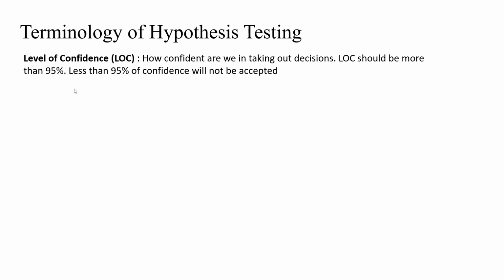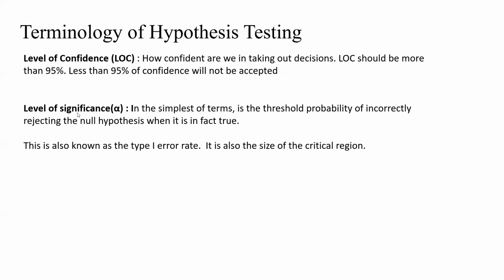It can go higher, such as a level of confidence of 99%, or if it is even more severe and you have to be more serious, you can go for 99.99%. So that is your level of confidence, 95%, and the negation of that, 100% minus 95%, will be your 5%, the level of significance alpha.